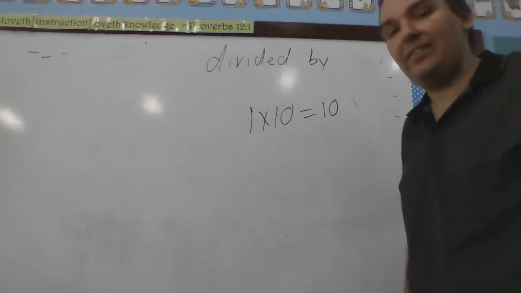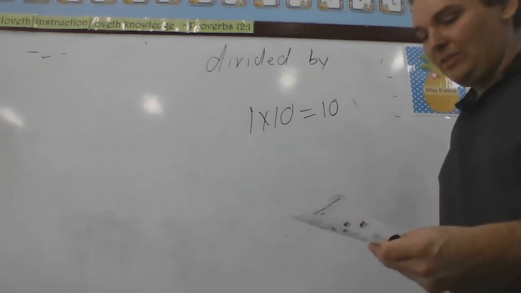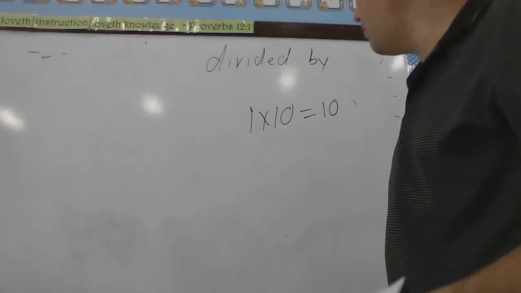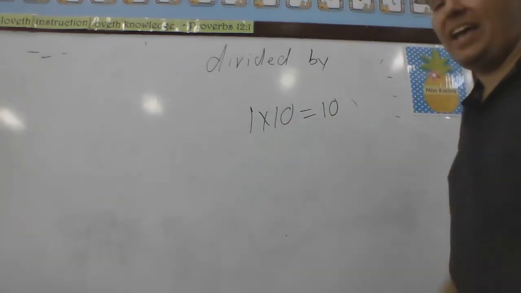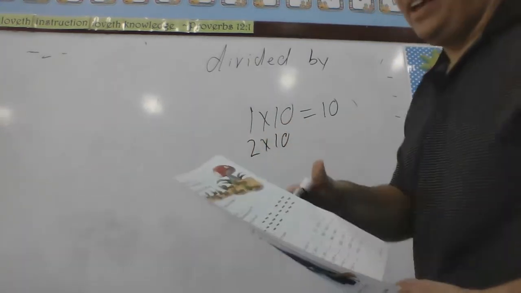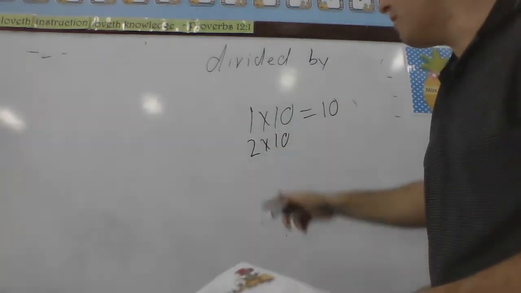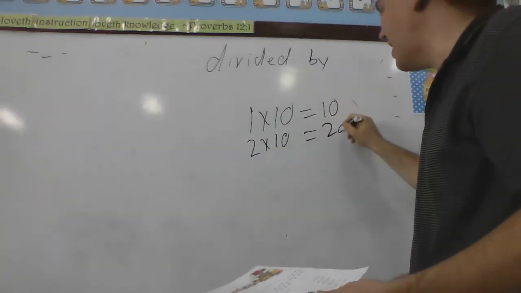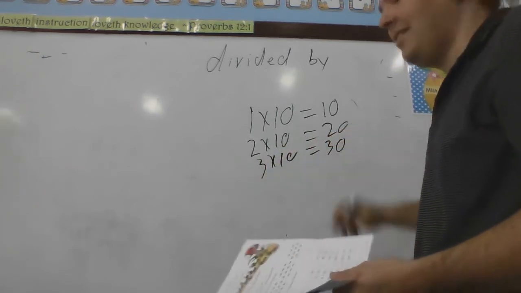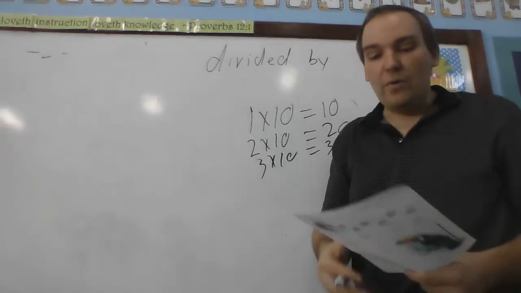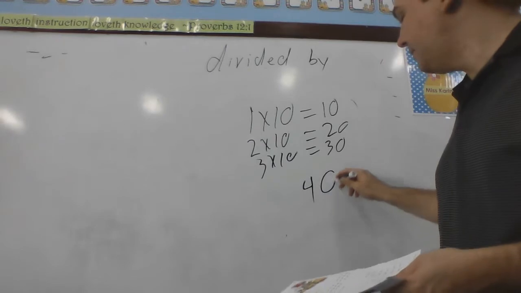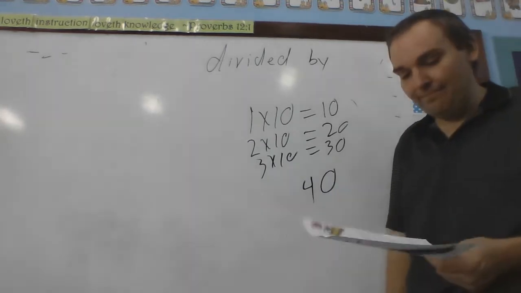We said this before, right? Okay. So here we have 10 ants, and we're putting them in one group. One group of 10 ants is 10. If we had 2 groups of 10 ants, that would be 20. If we had 3 groups of 10 ants, it would be 30. But you already know this, right? Any number times 10, you just take that number and stick a 0 on the end.